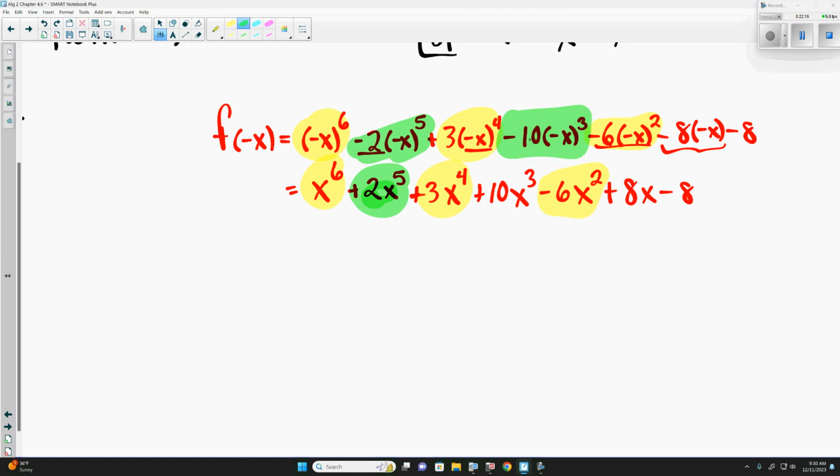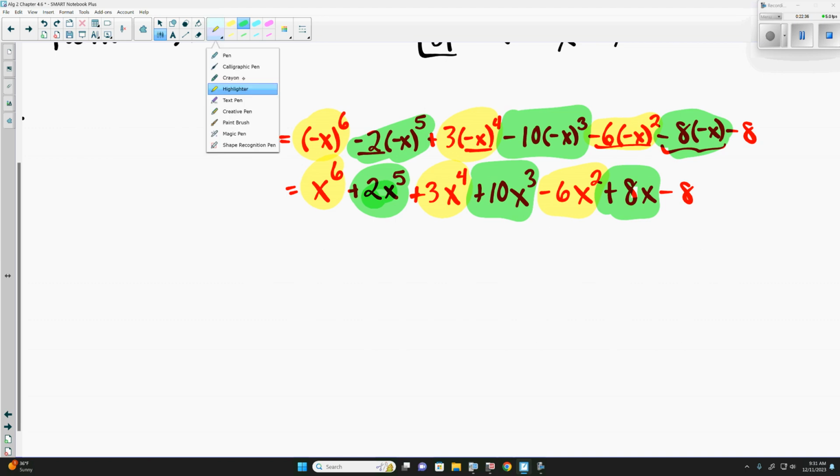Our x cubed term was negative. It is now positive. X term was negative. It is now positive. If the power is odd, the sign in front of it is going to change. If the power is even, it stays the same. And that's it for simplifying this negative x to the power.